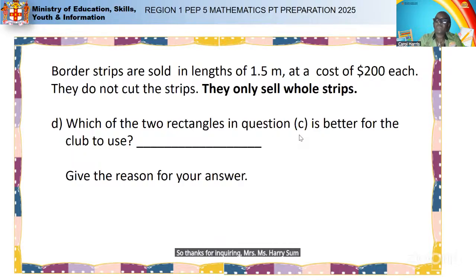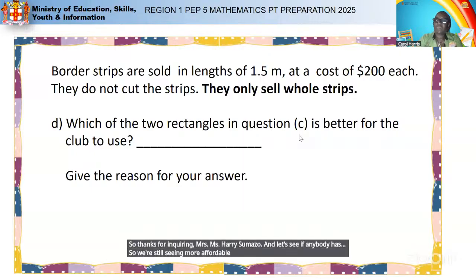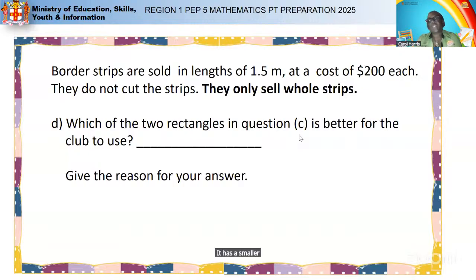Let's see if anybody has more. We're still seeing affordable, cheap, small. New Hope said it has the smallest perimeter. It has a smaller perimeter, all right. I quite like the insight that it is 1.5, but I would want to point out that the length of 9 also fits 1.5 because 6 times 1.5 also gives me 9.